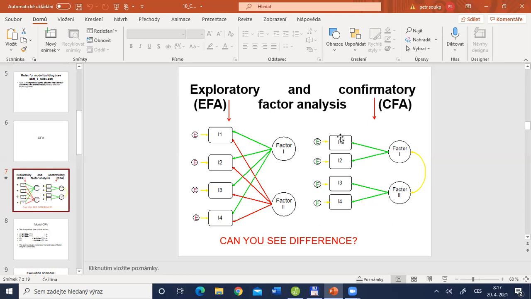So for example, the first equation would be: I1 is based on the level of factor 1, so some factor loading multiplied by the factor 1 value, plus a random error. The second, the third, and the fourth regression equations would be written in the same style. I would only like to remind you that these factor loadings in statistics are usually abbreviated as lambdas.